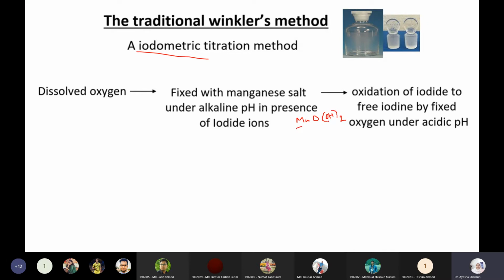So this kind of substance reacts with acid and forms that.